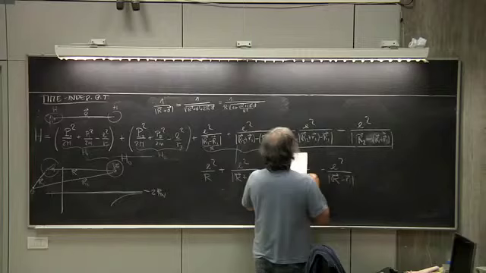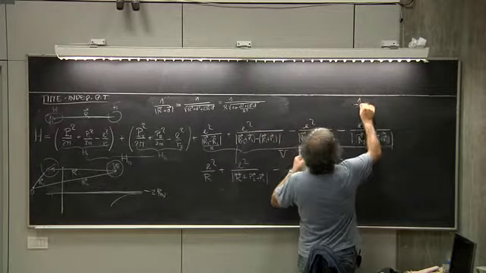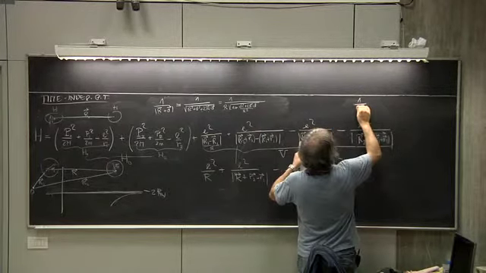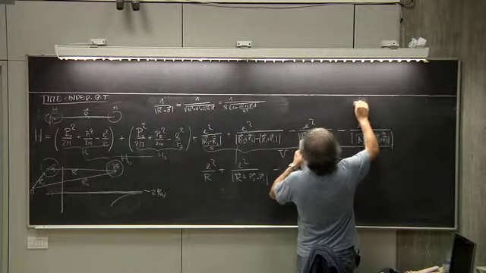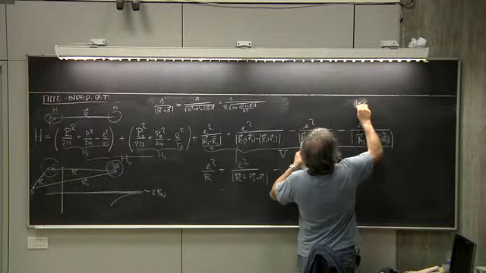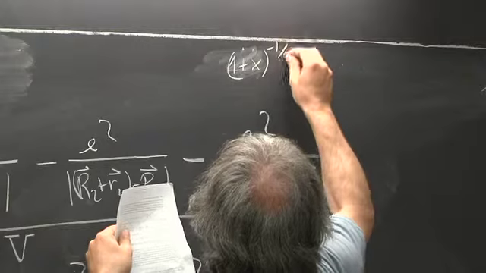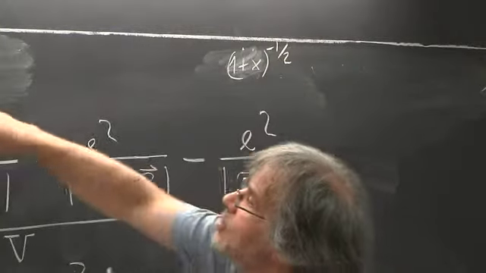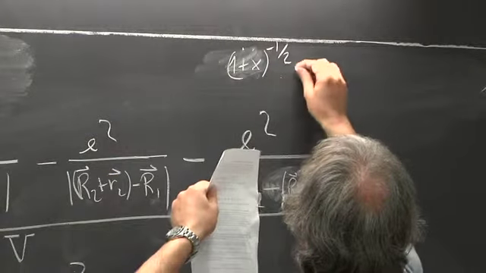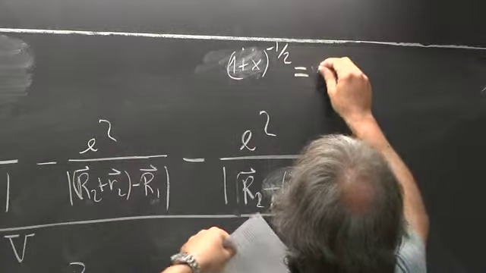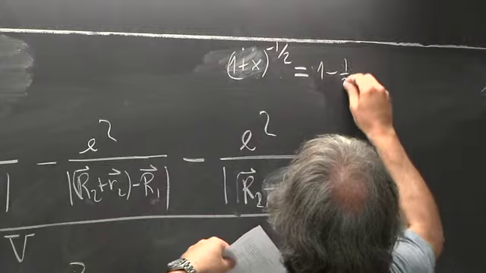So I urge you to verify, with all your Taylor expansion tools, that if I have 1 plus a small quantity x to the power minus 1/2, so in the denominator, this is equal to 1 minus 1/2 x.